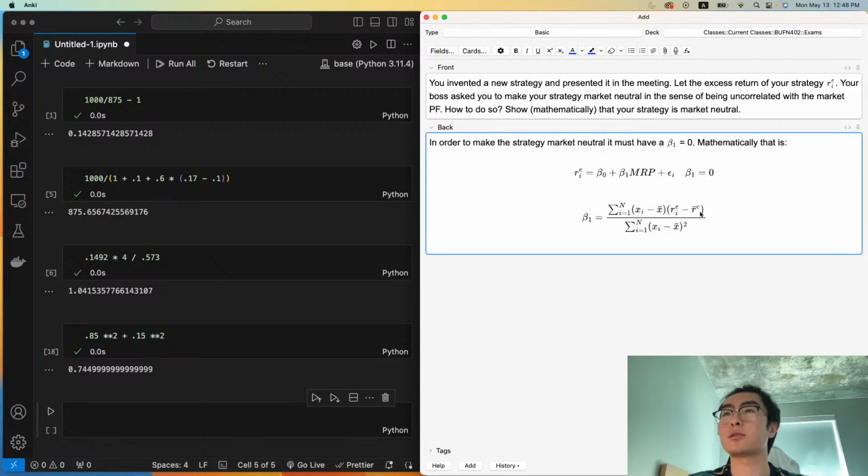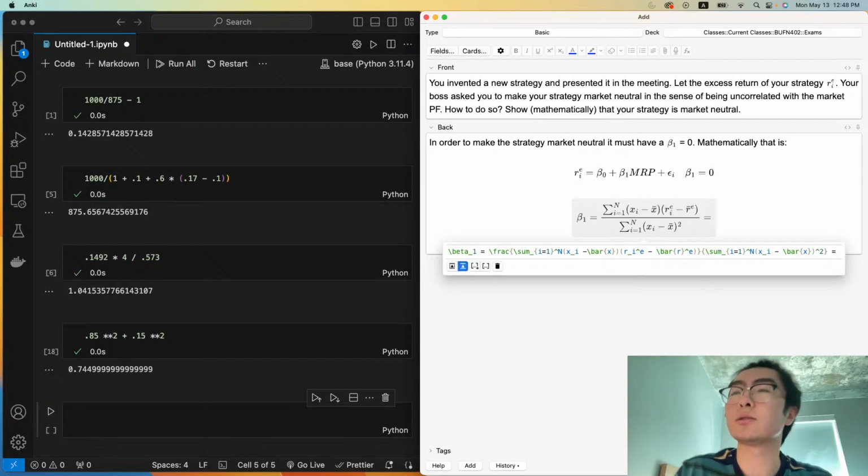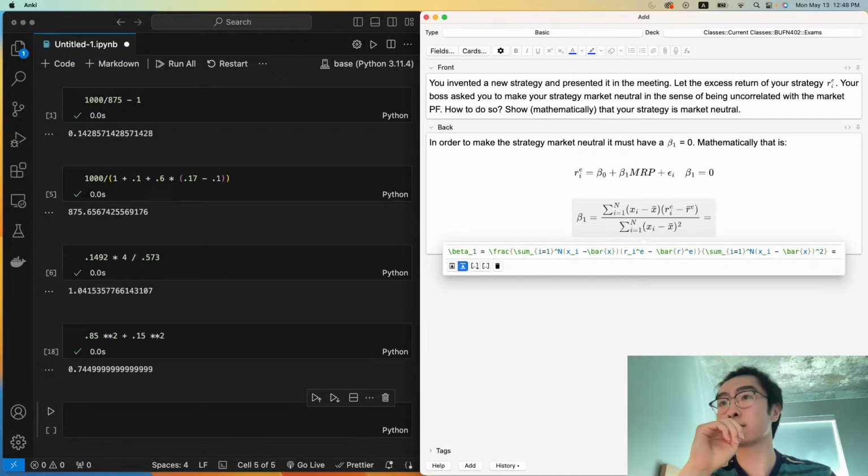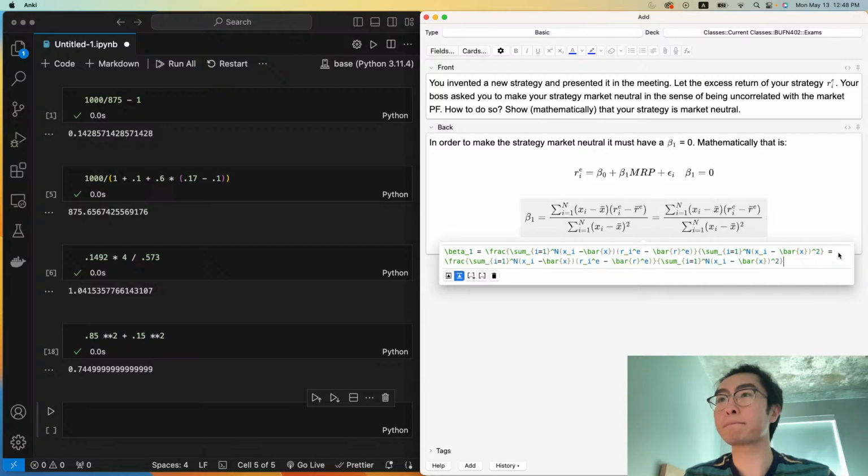So this is the sum of squared residuals.